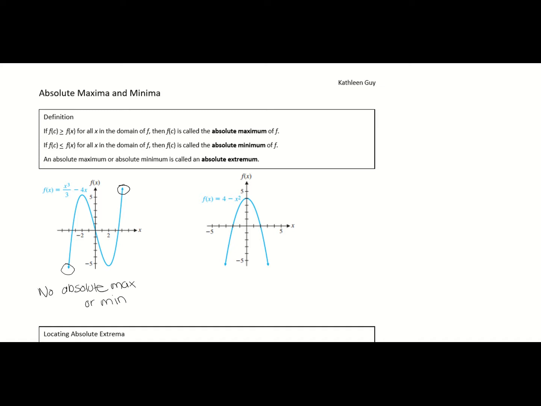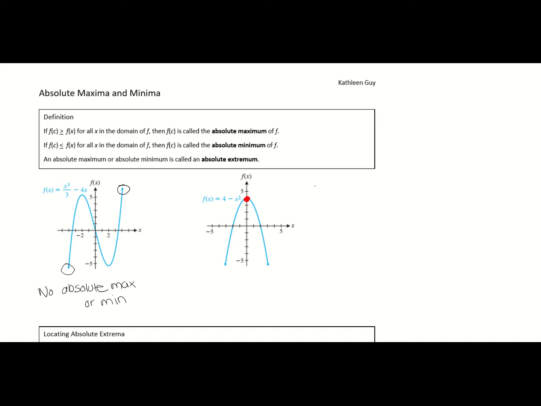To take a look at another situation though, if I looked at 4 minus x squared and I was to see if there was a y value that was greater than any other y values, I would have one, and it would happen right here. In the graph, the whole entire graph on its whole domain, this y value will be the greatest of them all.